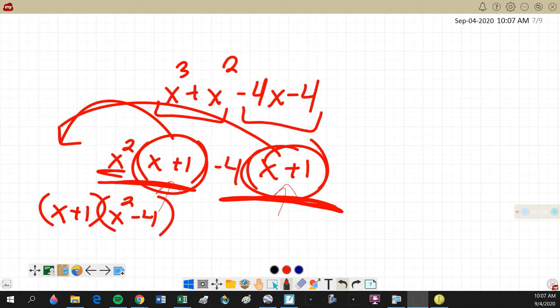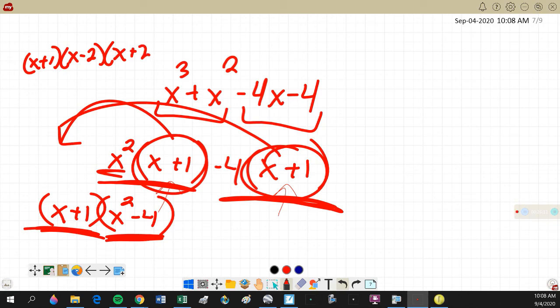Do you see how contrived that is? Grouping only works when you have a quadratic equation missing its middle term multiplied by a linear factor. And now that quadratic equation is a difference of perfect squares. So I get x plus 1, x minus 2, x plus 2. So my roots are plus or minus 2 and negative 1.